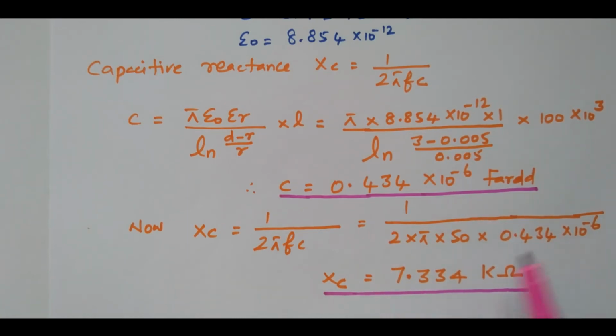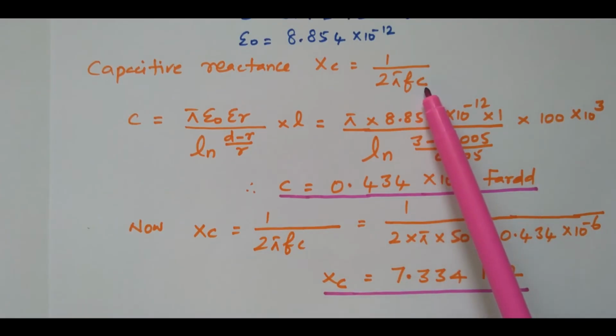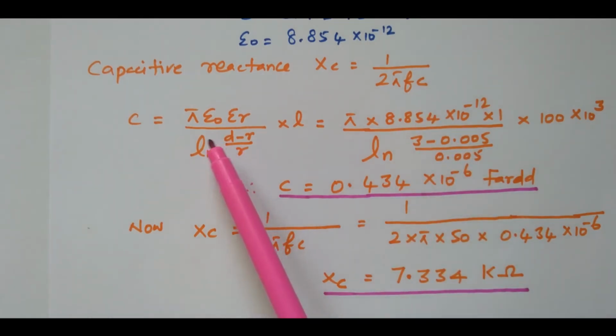Right? After simplifying, what did we get? The capacitive reactance Xc equals 7.334 kilo ohm. Because reactance is given in ohm, here in kilo ohm, that is 10 to the power 3. 7.334 kilo ohm. Right? So for calculating capacitive reactance, we first calculated the capacitance, and from that we calculated the capacitive reactance.